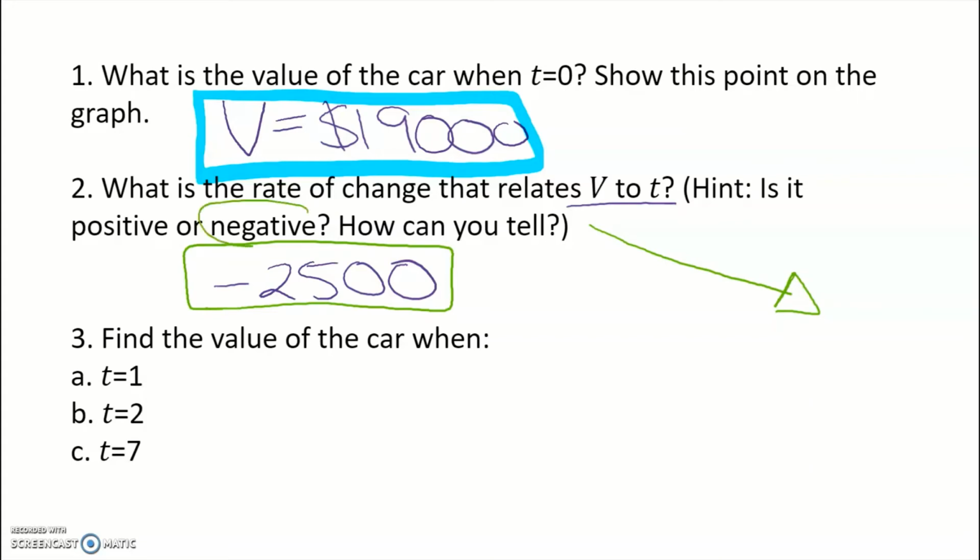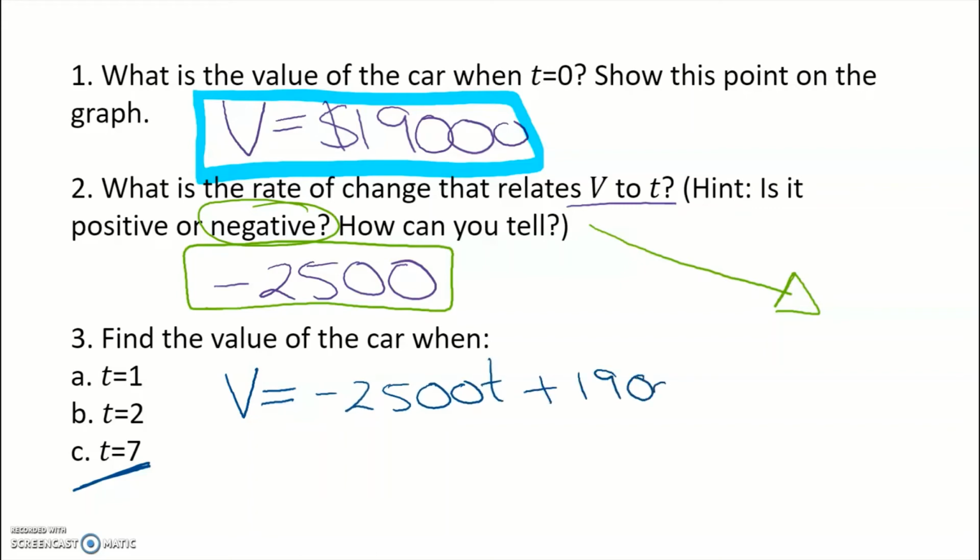So it is negative. You could also be asked to find various values of v for different amounts of t. We can find them on the graph and we can find them algebraically. Let's do one algebraically first. So we know that v equals negative 2,500 t plus 19,000. Let's substitute t equals 1 into that equation.